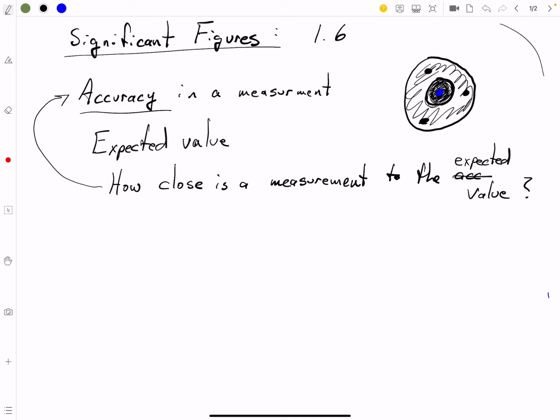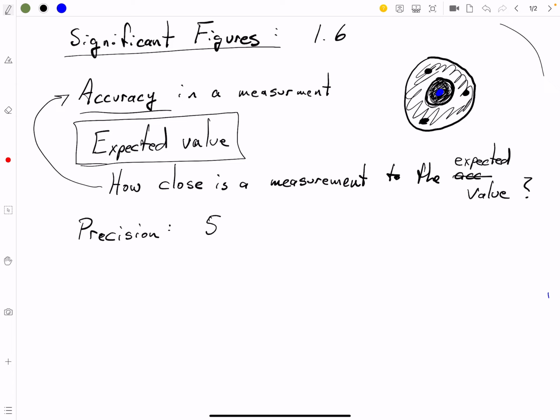Okay, what about precision? We can be precise, we could be imprecise, right? But is our precision compared to an expected value? No, it is not. We have measurements.